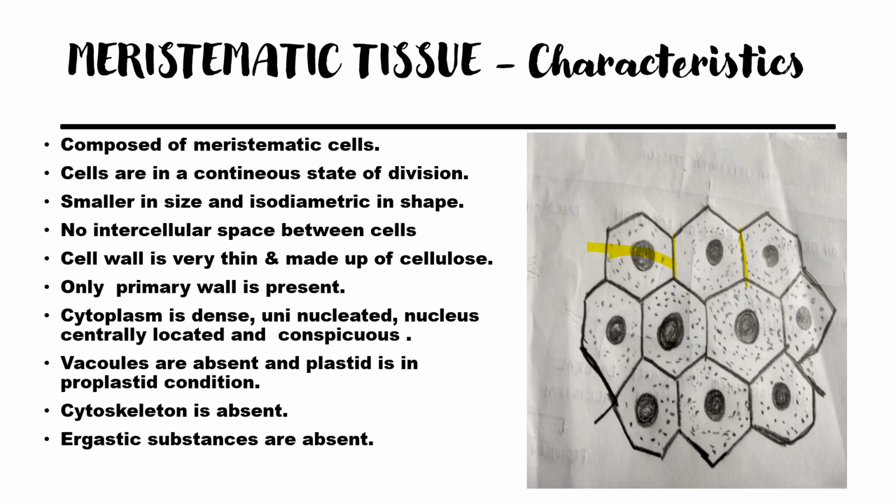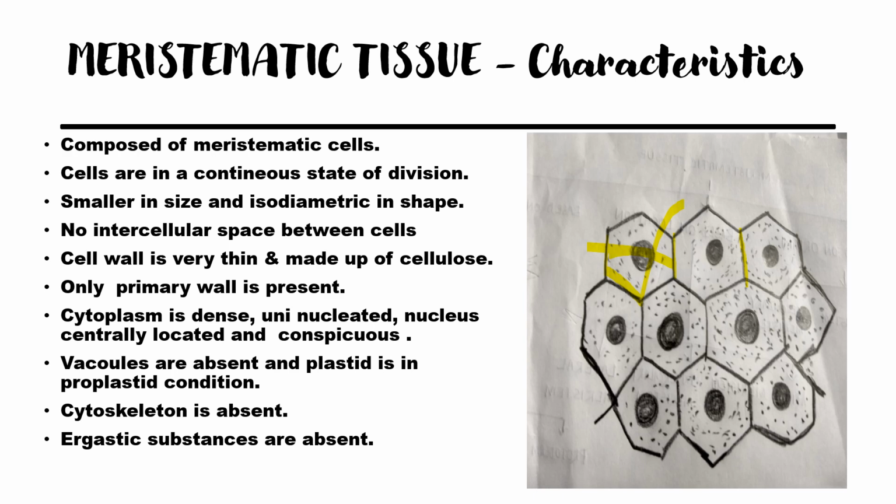The cell wall, which is the outer layer of the cell, is thin and made up of cellulose. Only one layer of cell wall is present, that is the primary wall. There is no secondary or tertiary wall present. Look at this nucleus. The nucleus is quite big because the cell is dividing. It is conspicuous and the cytoplasm is dense.